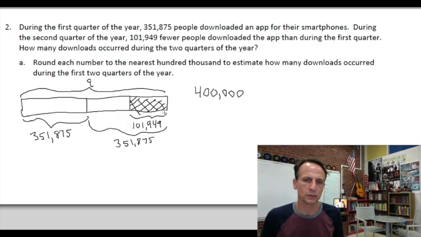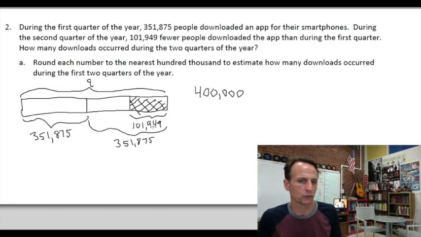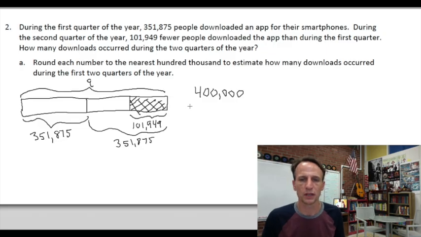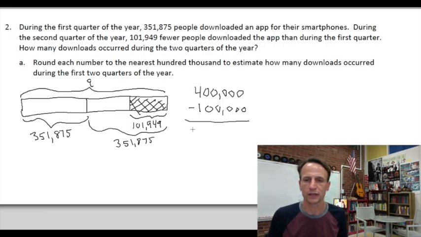And then we need to subtract out the difference, the number of fewer people, and that would round to 100,000. So you can see it's right close to it. And that's obviously 300,000.